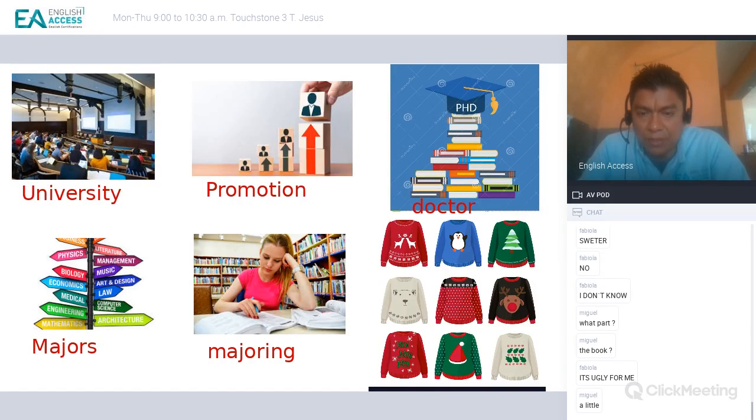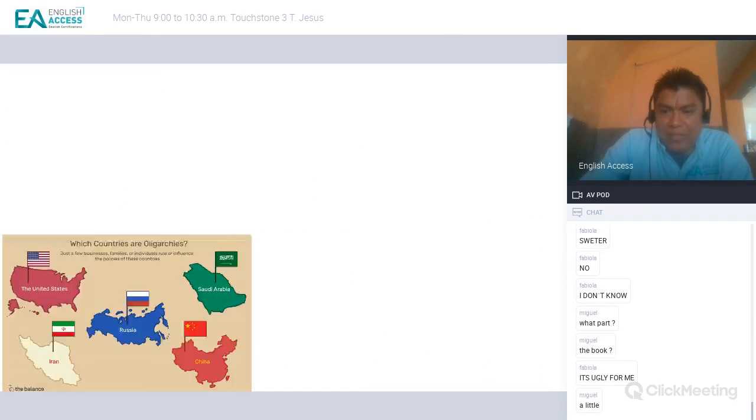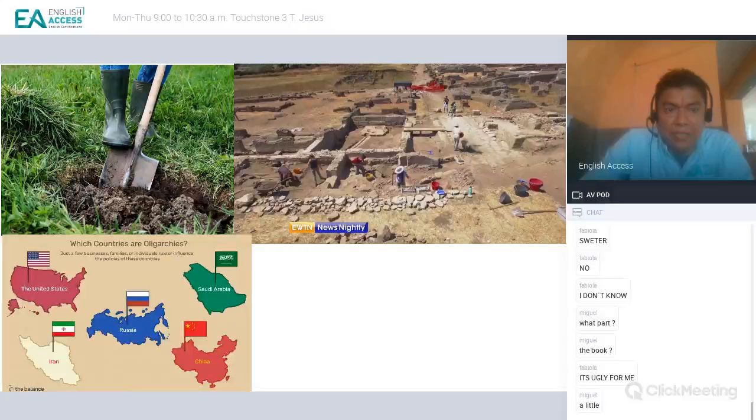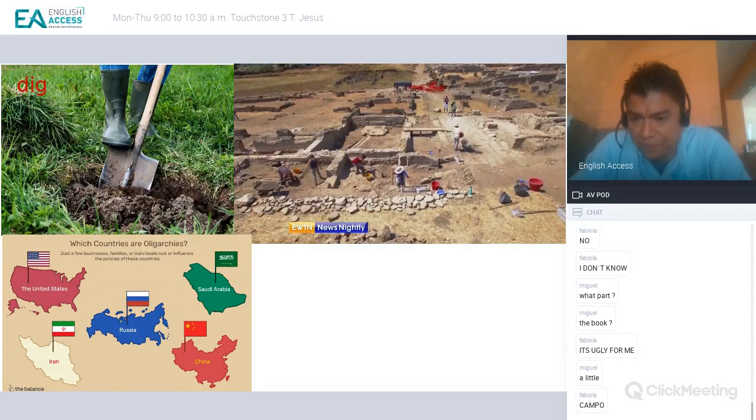So, Fabi, the sweaters are ugly. Okay, you know, I agree with you. They are not pretty, huh? Yes, a little. They are a little pretty and a little ugly. Okay, so next, this is an activity. What do you call this activity? The verb is dig. Yes, Fabi. But that's a place. It's not the verb. The activity, the action is dig.